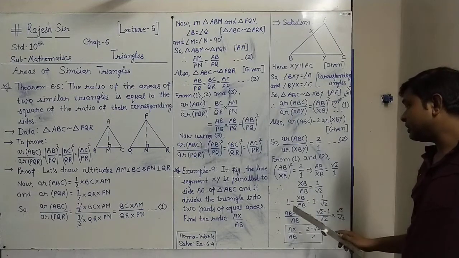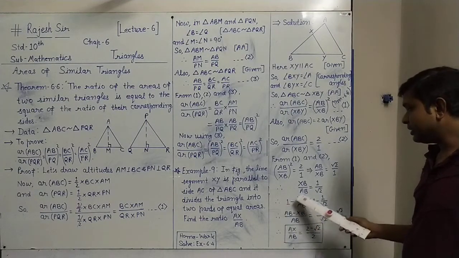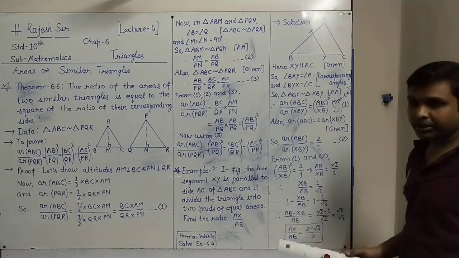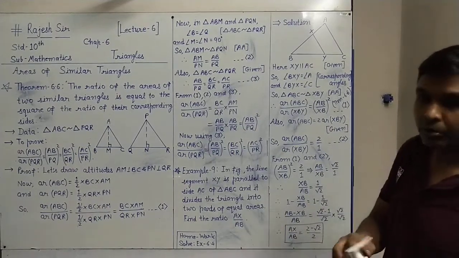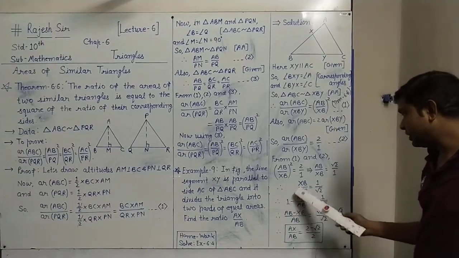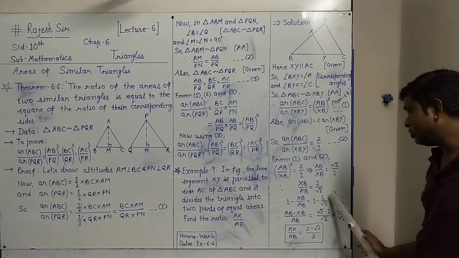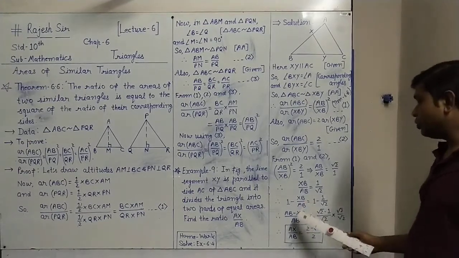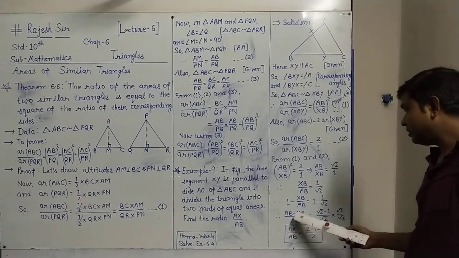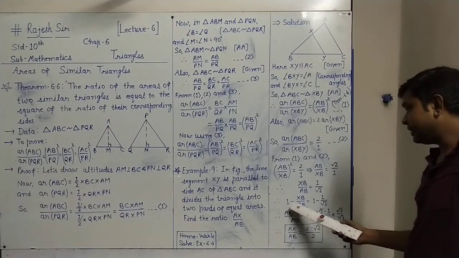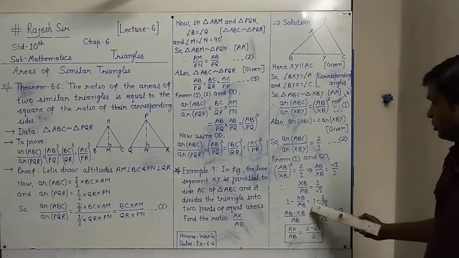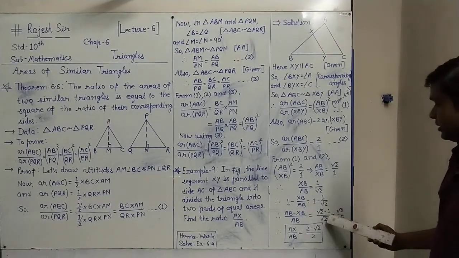Now on both sides we subtract from 1: 1 minus the left side equals 1 minus the right side. If you subtract from 1 on both sides, both sides will remain equal. So that is 1 minus XB upon AB equals 1 minus 1 upon root 2. By doing so, we take the LCM, AB for the left and root 2 for the right. So AB into 1, AB minus XB as it is, equals, in a similar way, root 2 into 1, root 2 minus 1 as it is.